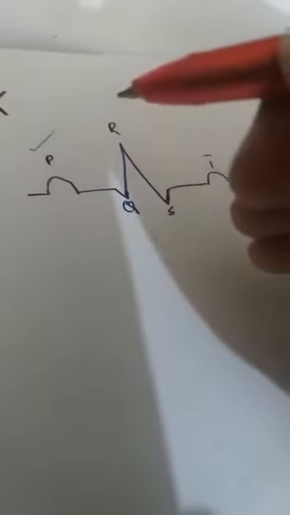This P wave on ECG shows us the electrical activity of the heart, that is depolarization of the ventricles. Now, whenever you see a P wave on ECG, your mind will directly go to the depolarization of the ventricle.